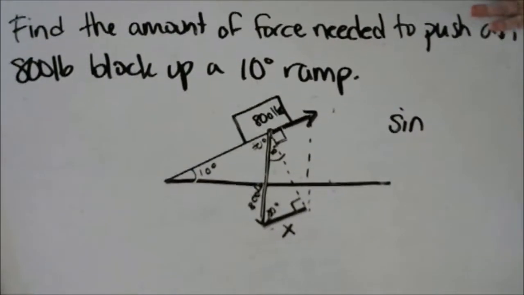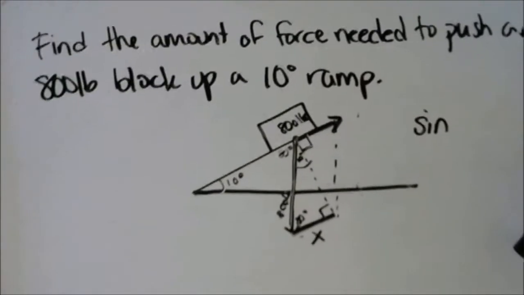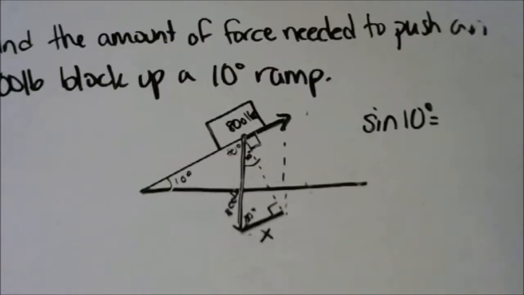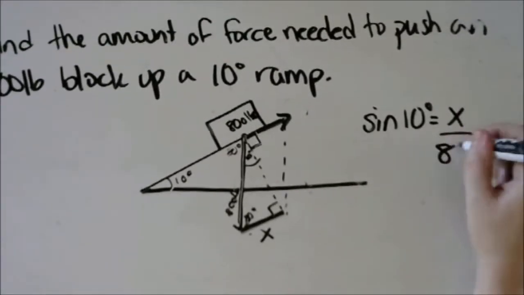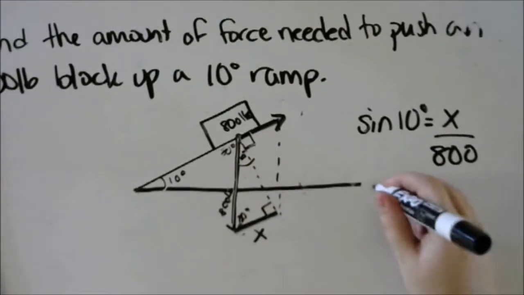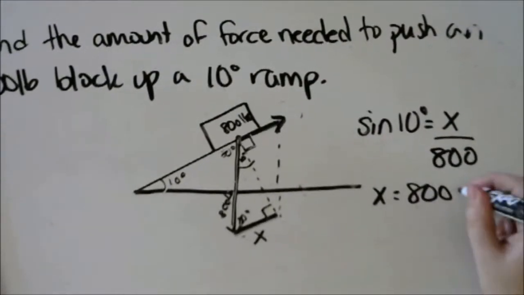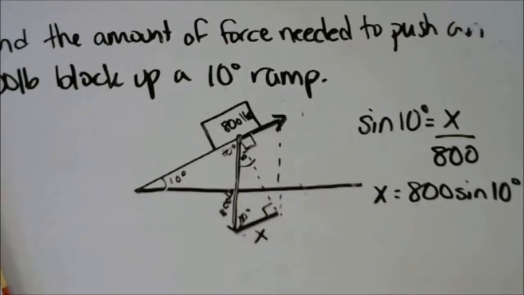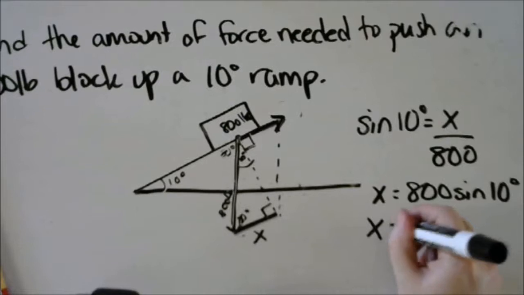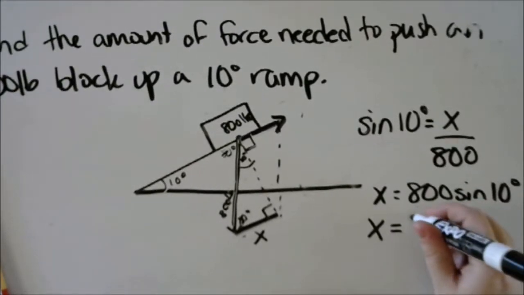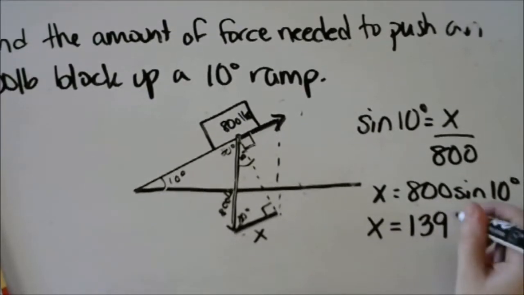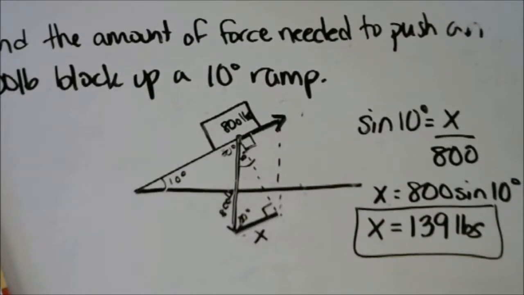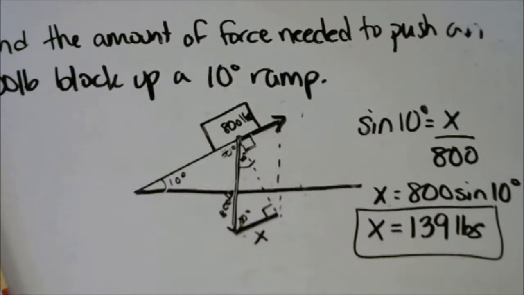Sine of 10 degrees is equal to x over my 800-pound force, or x is equal to 800 sine of 10 degrees. Using your calculator in degrees, you get that your resultant force is about 139 pounds. So you would need 139 pounds of force to push this block up the ramp.